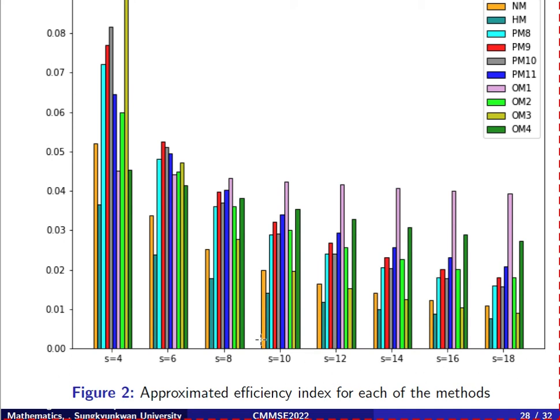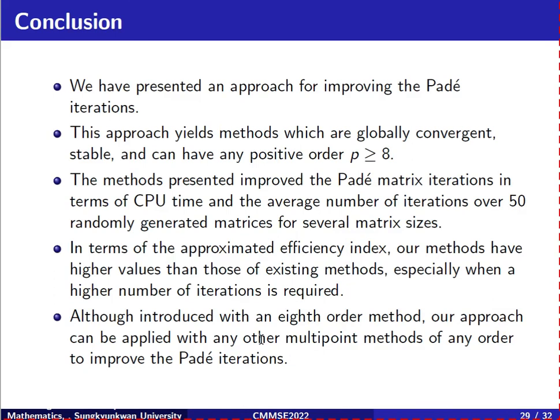Let's make conclusions here. We have presented an approach for improving the Padé iteration. This approach is globally convergent, stable, and can have any positive order. The method improves Padé iterations in terms of CPU time and the average number of iterations over 50 randomly generated matrices for several matrix sizes.